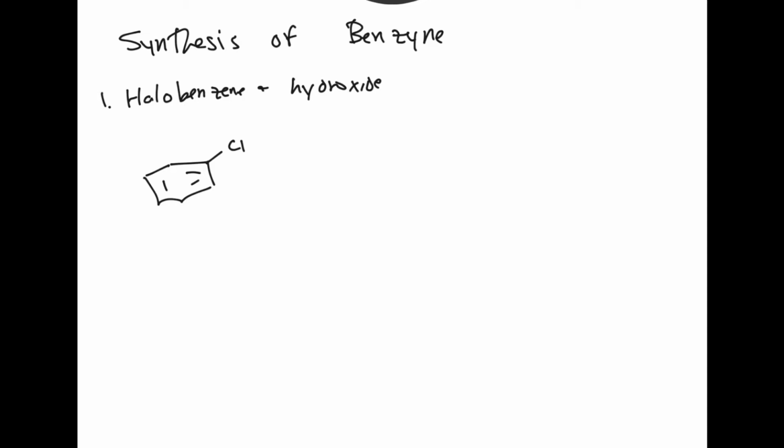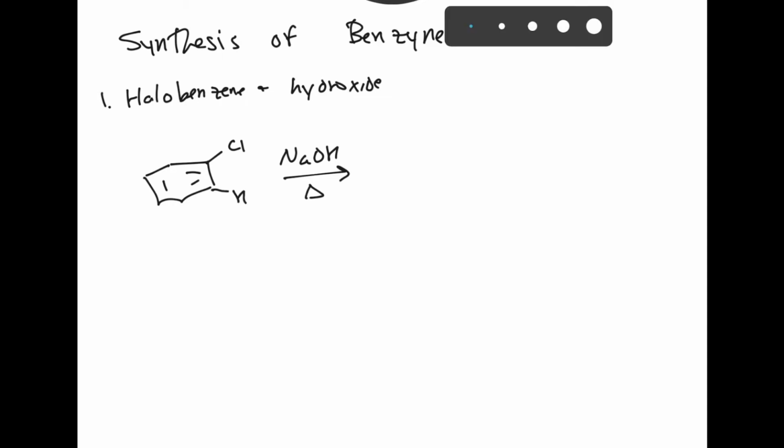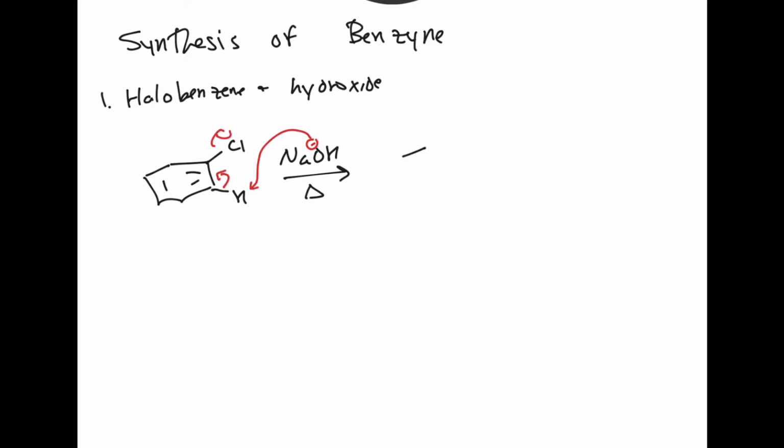Right, so you've got, say, a halogen and then like NaOH and heat. So there's no electron withdrawing group on this molecule, so you can't do a nucleophilic aromatic substitution. The only thing available for this base to do is to remove a hydrogen and generate the benzyne. So you make like lithium or sodium chloride and water, right?